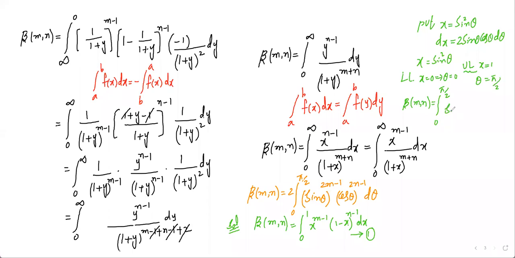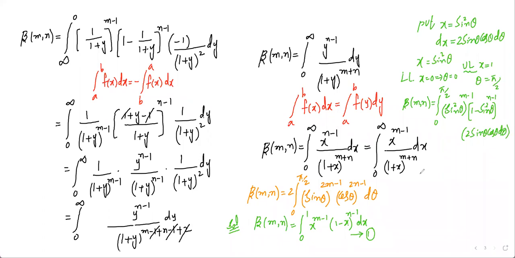So it is sin square theta whole to the power of m minus 1 into 1 minus sin square theta whole to the power of n minus 1 into dx, which is 2 sin theta into cos theta into d theta.